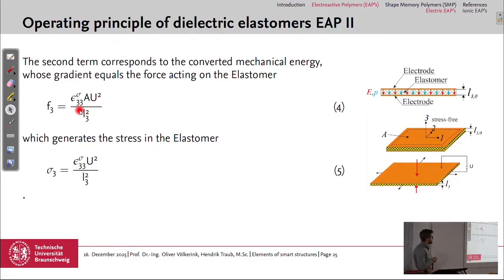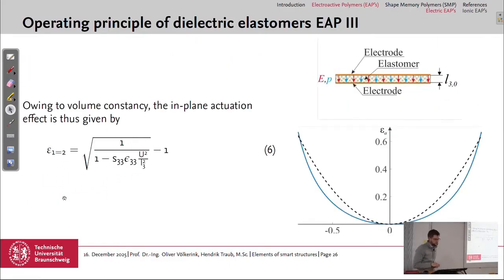So we divide it by the area of the electrode, then we get the stress generated in the elastomer. And we have a behavior like this.